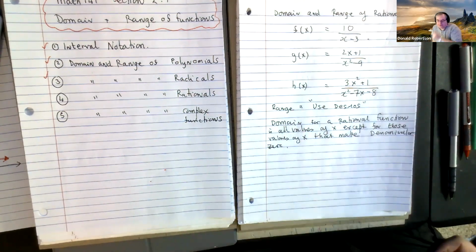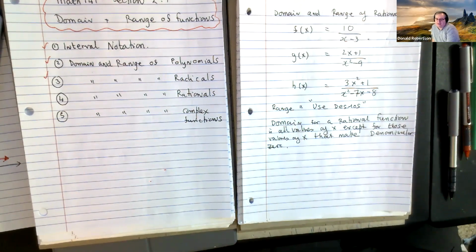So the domain of a rational function will simply be all values of x except for those values of x that make the denominator 0.